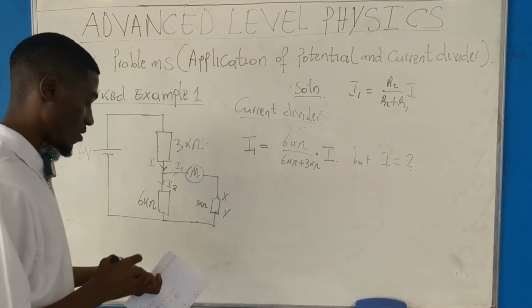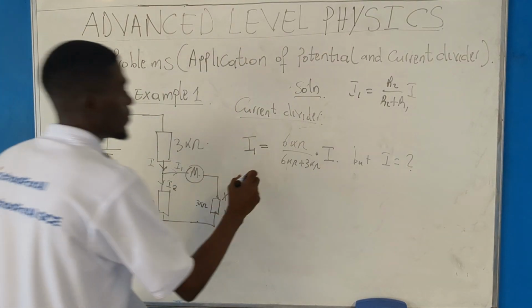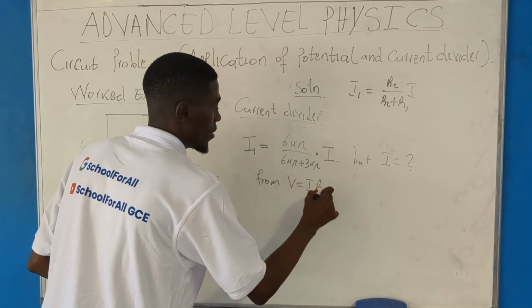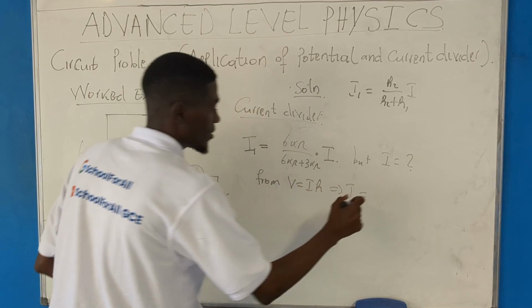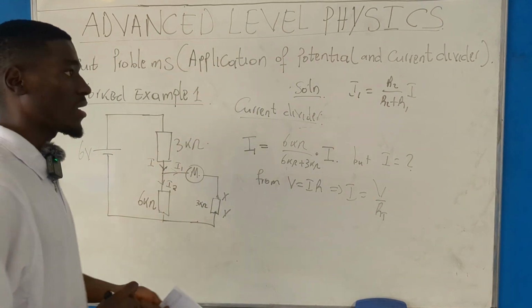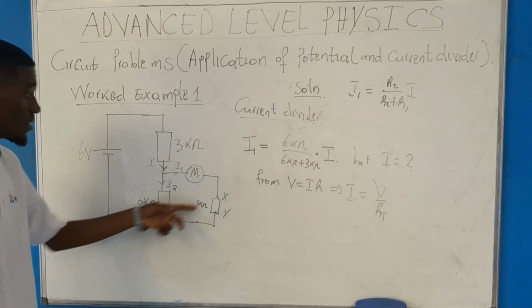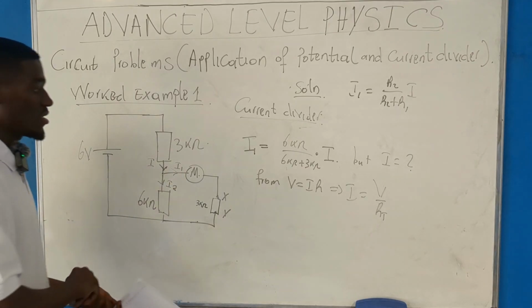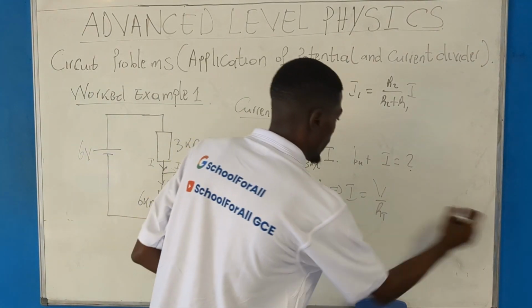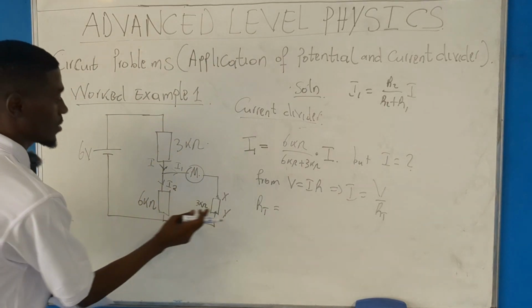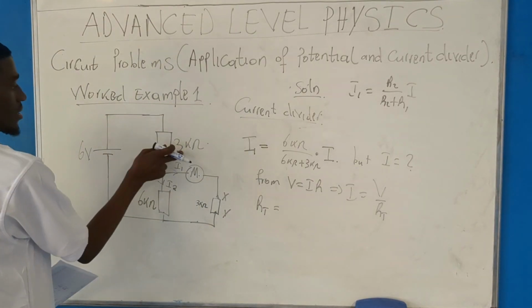Now, how can we find the value of I? It's simple. From V equals IR implies I is simply equal to V over R total, where R total is the equivalent resistance of the circuit. So let us calculate R total. R total will be what? These two are in parallel and then in series with this one.